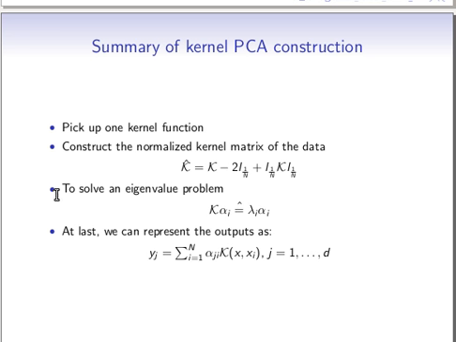And third, we want to solve the eigenvalue problem based on the following formula. After that, we can represent the output data y given by the following formula. So there are only 4 steps we need to perform in the kernel PCA.